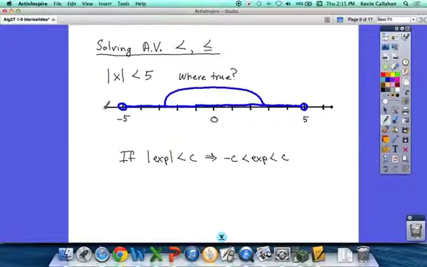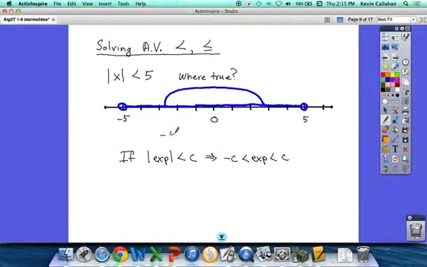How about negative 6? What if I go on the other side of negative 5? Would the absolute value of negative 6 be less than 5? No. So that's the solution right there: all the values in between 5 and negative 5. And usually the way we write this is with a three-part inequality.